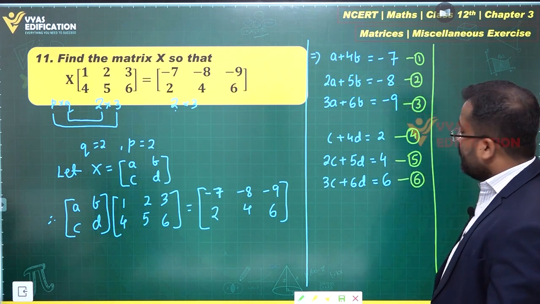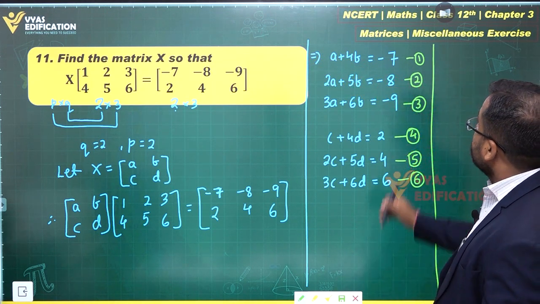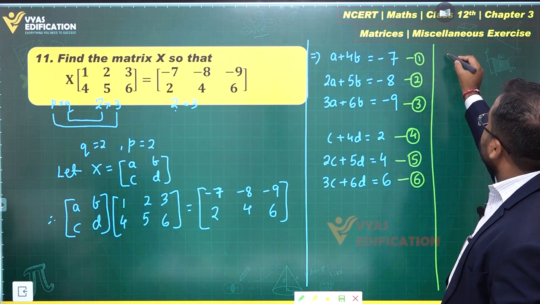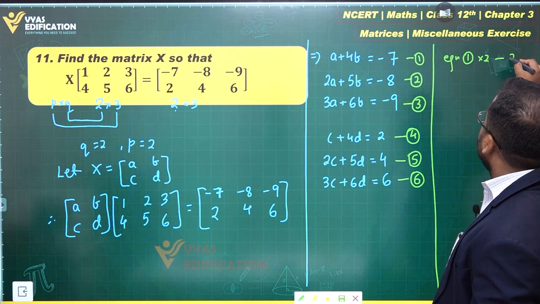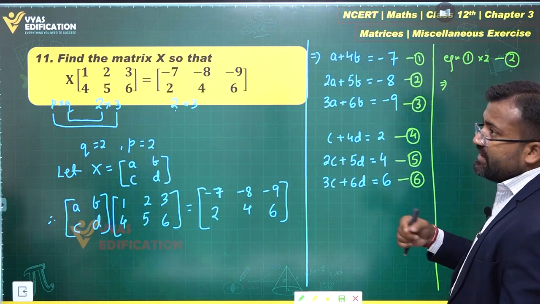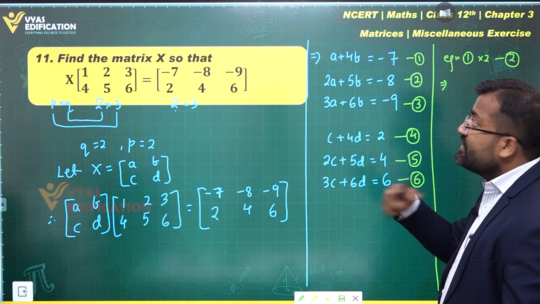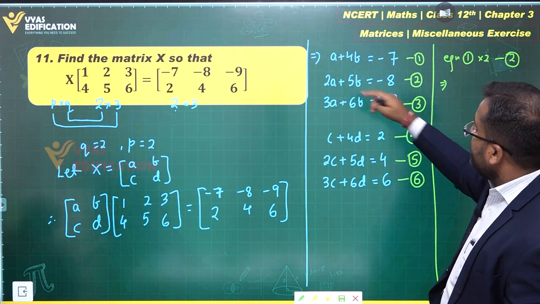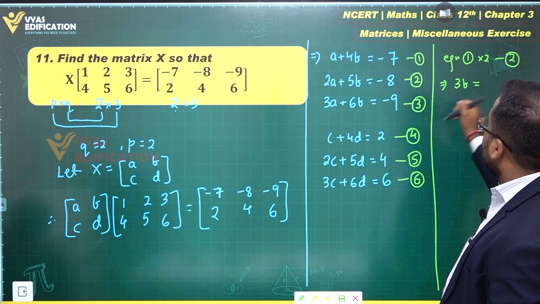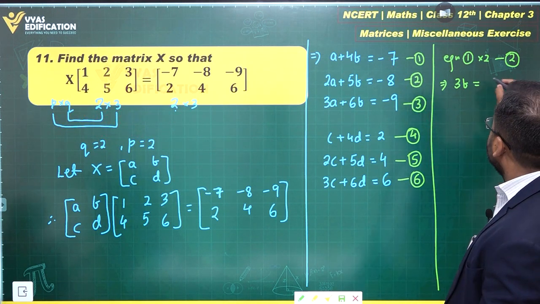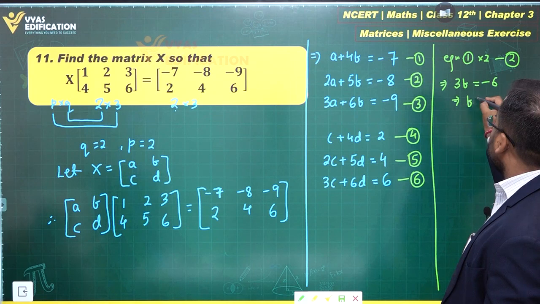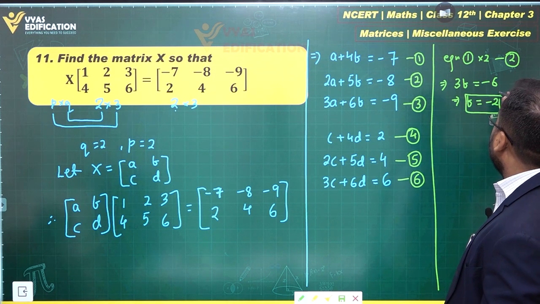For solving these 2 equations, we multiply equation 1 by 2 and subtract equation 2. What you get over here is this. Please observe, 2A minus 2A is gone. 8B minus 5B will be 3B, which will be equal to minus 14 plus 8, which will be minus 6. This will give me B equals minus 2.